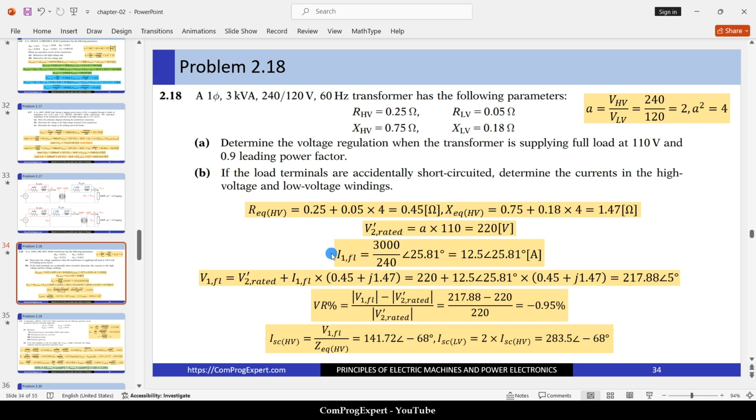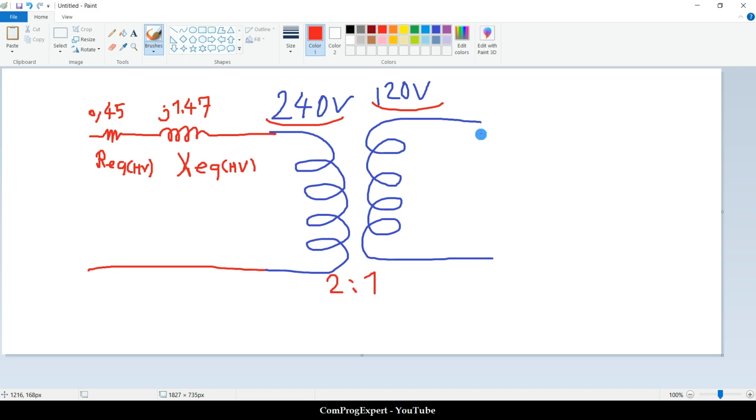Then we can start performing the calculations to calculate the voltage regulation. The first one is to calculate V2 prime, the rated one. The voltage of the load is 110. This is the load that we have here, ZL, and the value of the load voltage, the rated one, is 110.